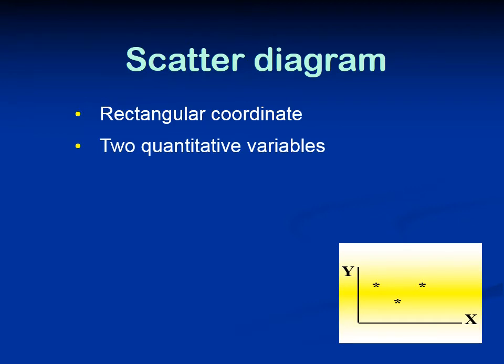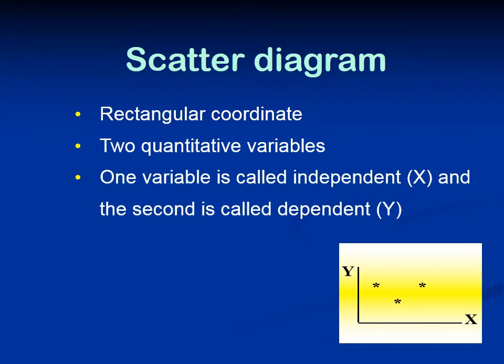These are some of the things that we need to know when we are to use a scatter plot or a scatter diagram. It is a rectangular coordinate, and two quantitative variables should be plotted. One variable is called the independent, and that's the x you see, and the second is the dependent, and that is the y you see.